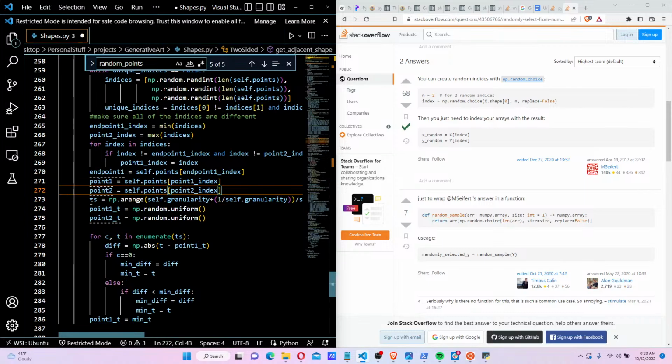Oh yeah, 0.1t equals that, 0.2t equals that.